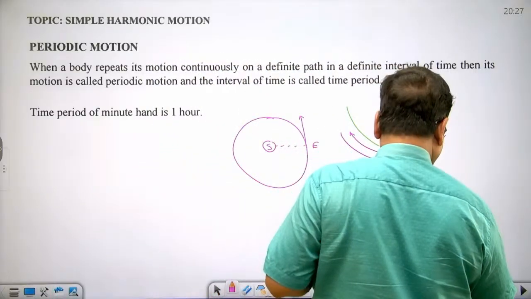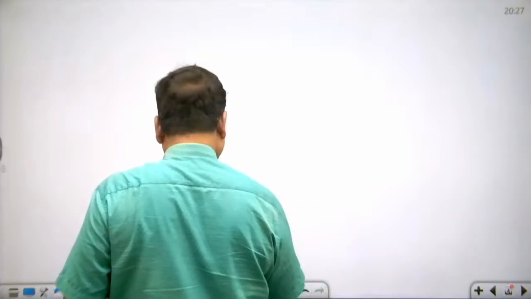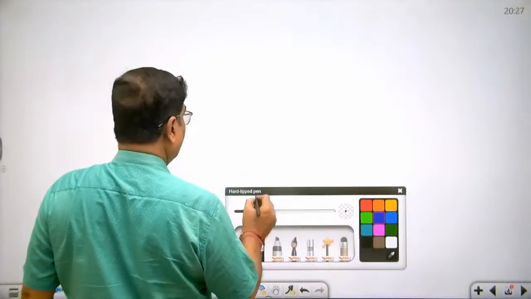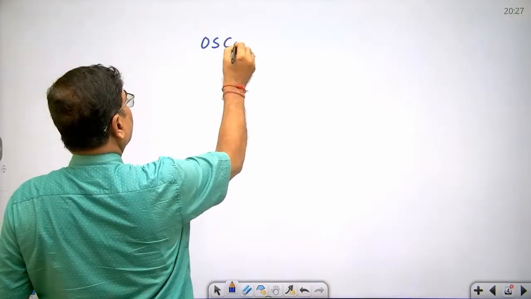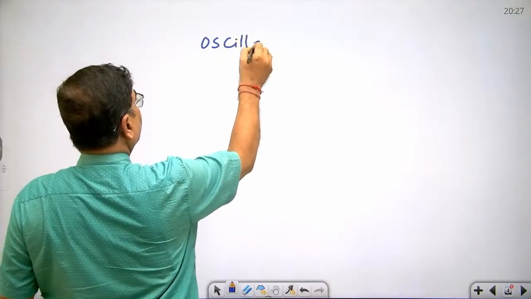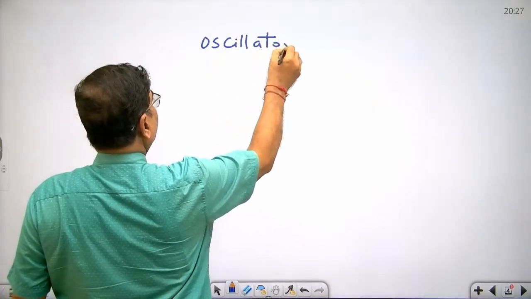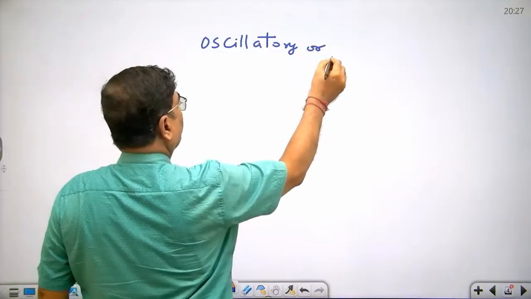Now let's see oscillatory or vibratory motion.